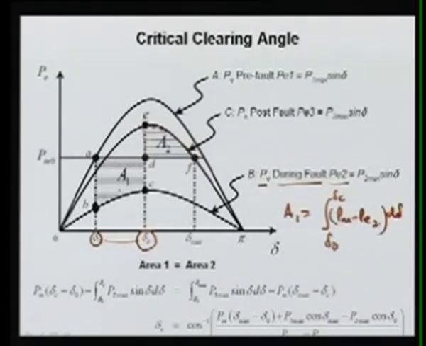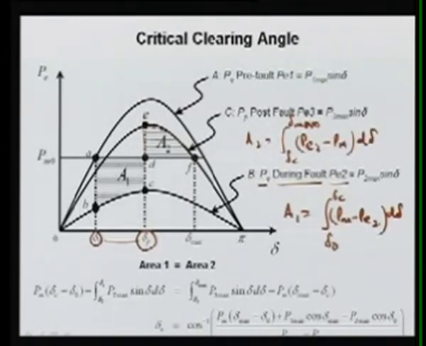So this is your area A1. Similarly, area A2 will be the integration from delta C to delta max of PE3 minus PM d delta, where PE3 is the post-fault curve.